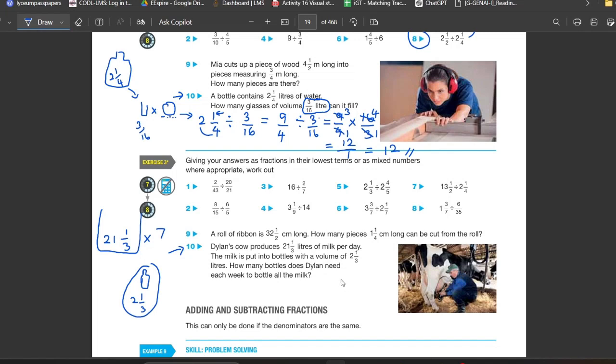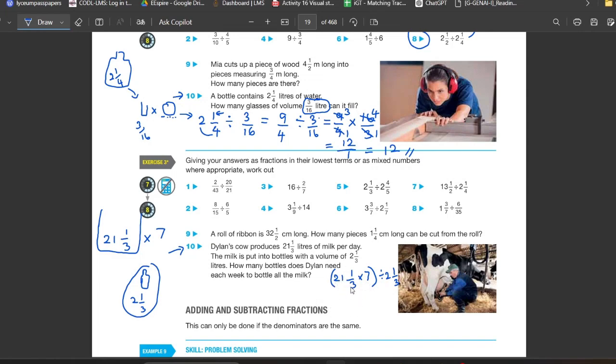That's the case. So what we do is 21 and 1 over 3 times 7. This whole thing we have to divide by 2 and 1 over 3. First we have to turn these mixed numbers into fractions.